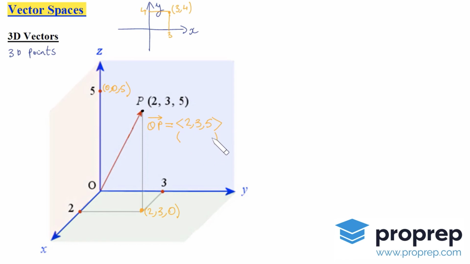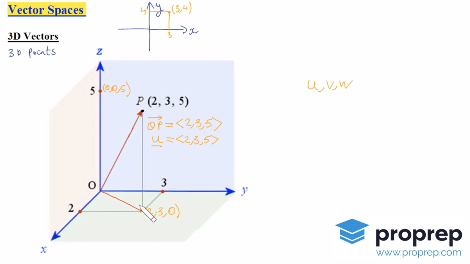And sometimes we just want to give a single letter name, a variable name, to a vector, and typical letters would be U, V, W, just like variables are X, Y, Z, and constants are A, B, C. So I could say, in this case, that U is the vector 2, 3, 5, and it's customary to put a line underneath.